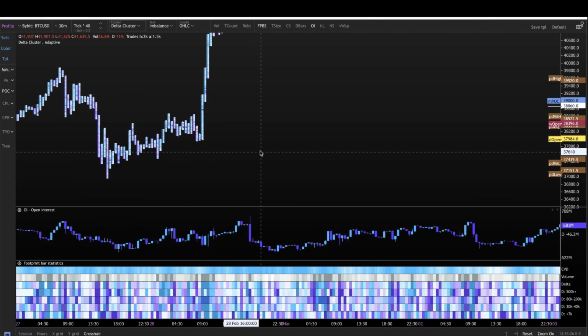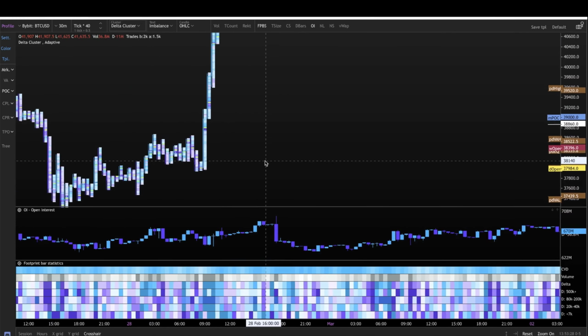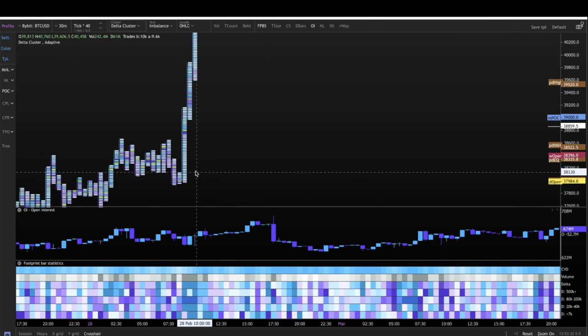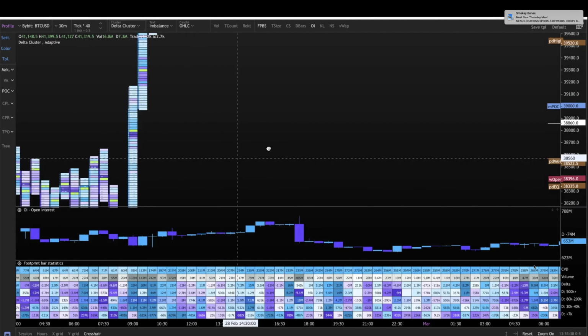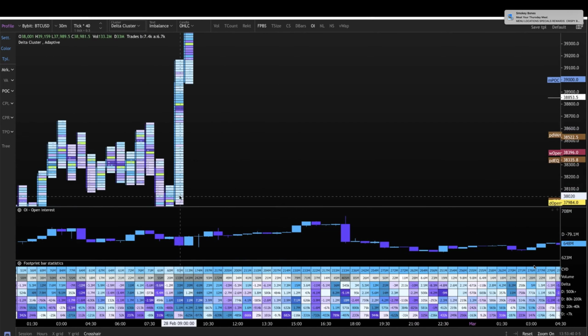on February 28th, we can see that as we begin this uptrend, over time, open interest is getting higher. Okay, we can also see that volume itself is increasing over time, right? We start off with very high volume, and then we have around 40 volume, and then around 50.